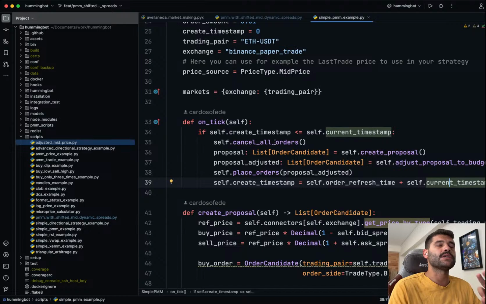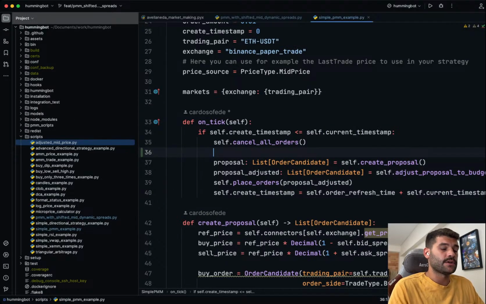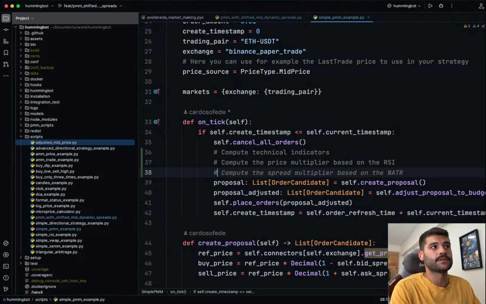But for now, let's see where we should introduce our changes based on the design template that we created. After the cancel orders, we should compute technical indicators, compute the price multiplier based on RSI, and compute the spread multiplier based on normalized average true range.